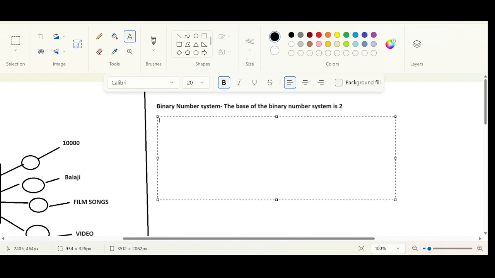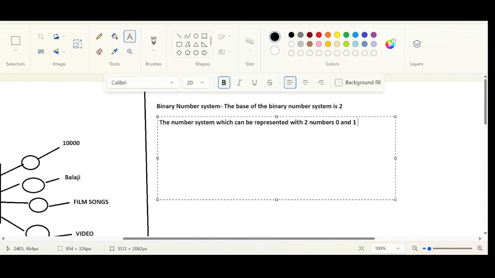So the binary system is a number system which can be represented with two numbers, one is 0 and the second one is 1.